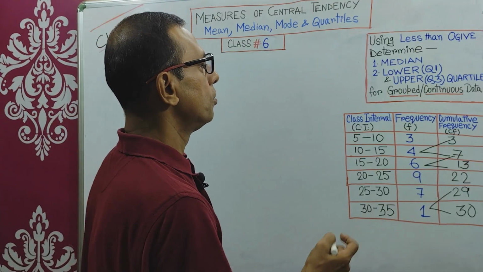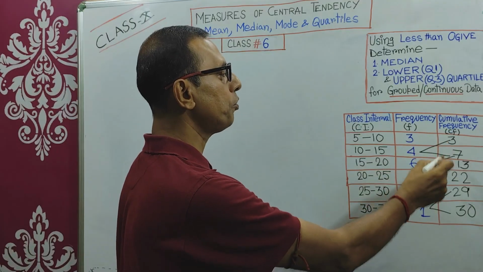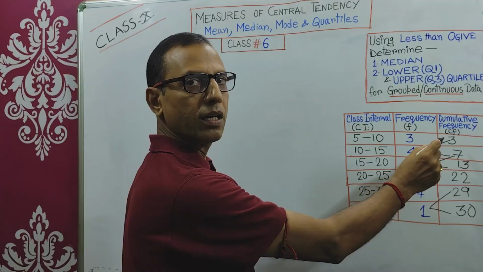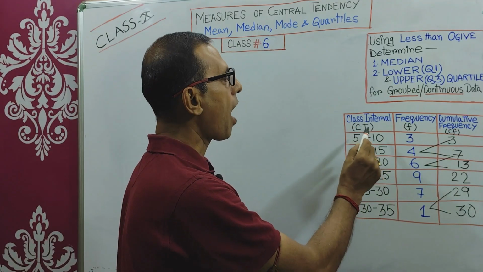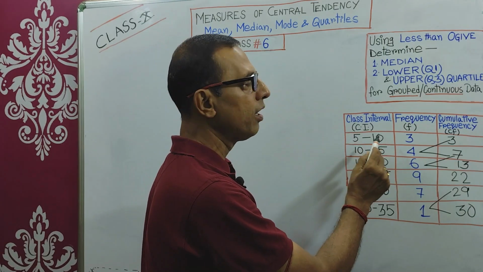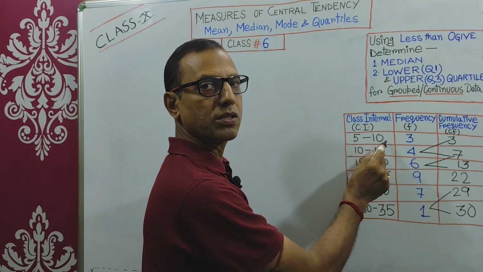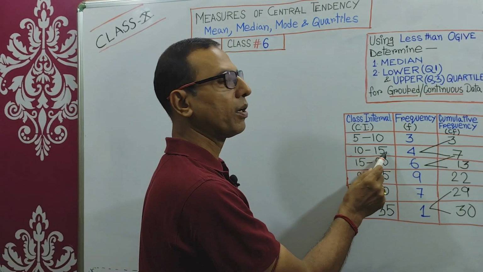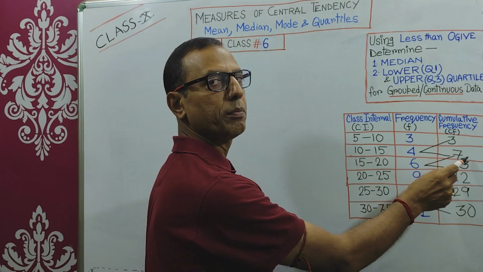Right? You need to put all the cumulative frequency along with the upper bound, that is the upper limit for each of the range. So for 5 to 10, the lower bound is 5, upper bound is 10. And what is the cumulative frequency? 3. For 10 to 15, upper bound is 15, cumulative frequency will be 7.